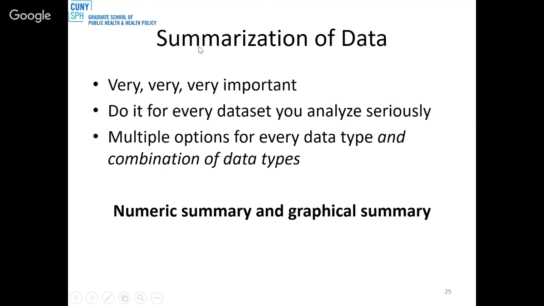I'm going to talk a little bit about how to summarize these types of data and just try to emphasize that summarization of data or description of data is very important and something that needs to be done for every data set that you analyze seriously. If you skip this step of summarization and description and go straight to inference, you risk missing the obvious in your data set.